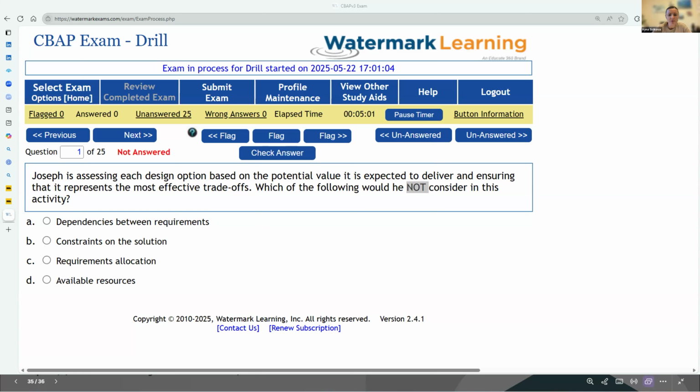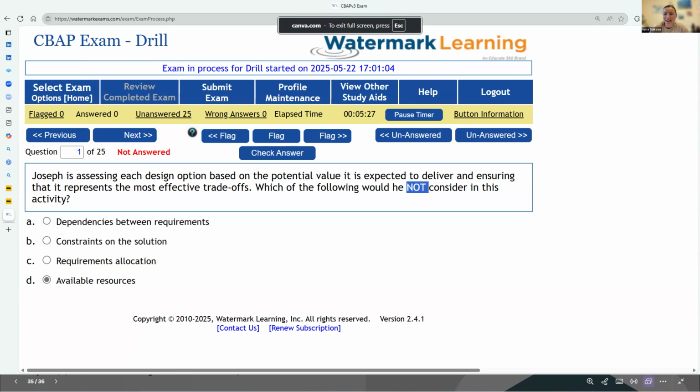Maybe resources. So you think he does the other 3, Arena? Yeah. So when we analyze the potential value, I don't think we discuss the resources. Okay. Everybody agree?